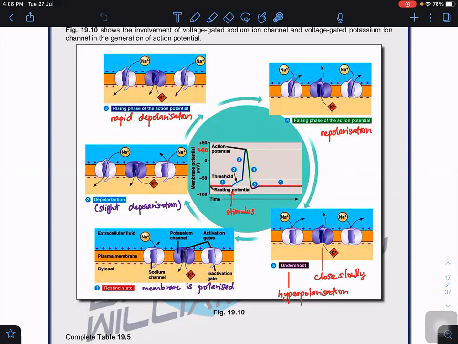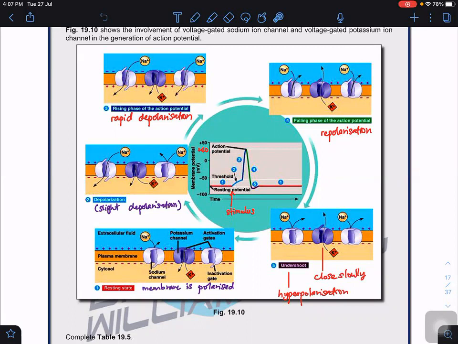So from negative to positive, and then from positive we revert it back to negative. The series of actions goes from negative 65 all the way to positive 40, and then from positive 40 back to negative. This is one action potential.